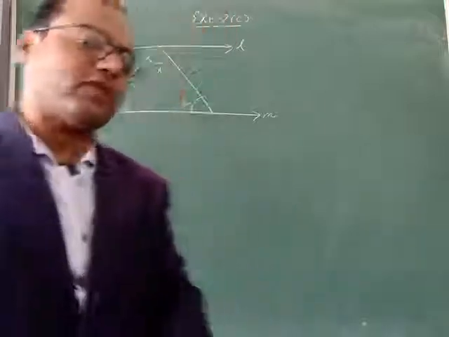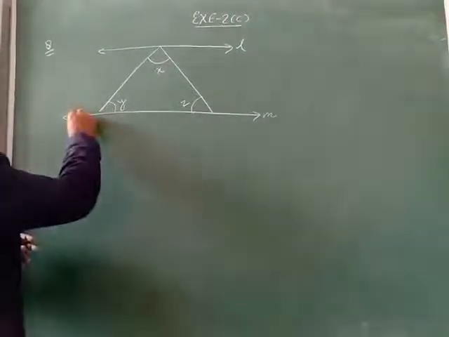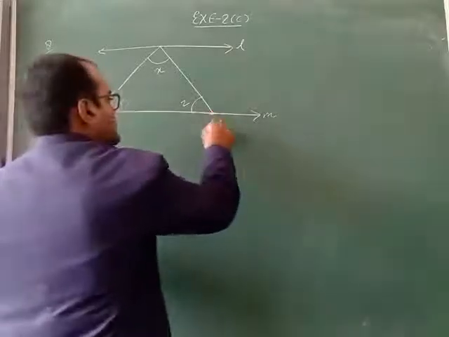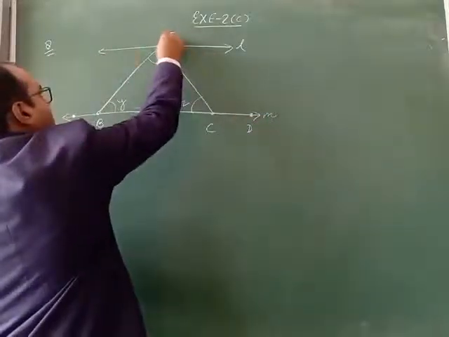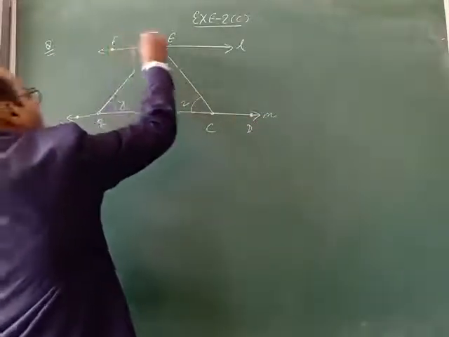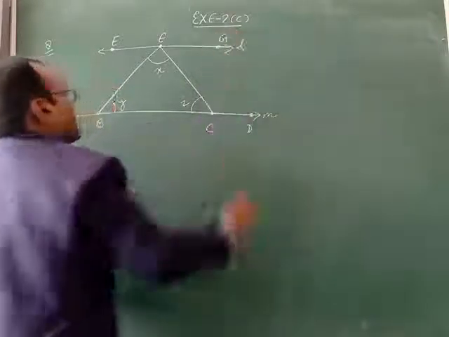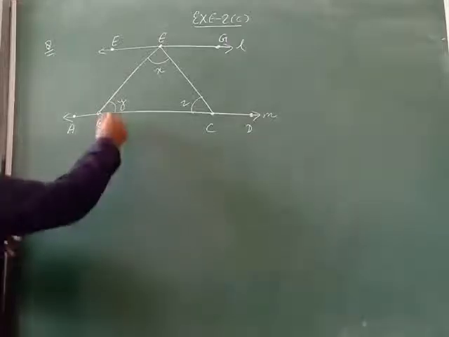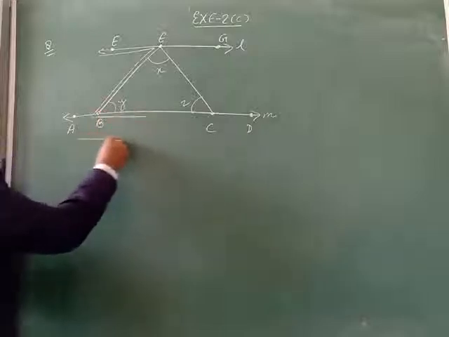So for this, what we have to do is put the vertex names. The vertices' names we will write: this is A, this is B, C, here it is D, E, F, G. First of all, we will take a Z shape figure.